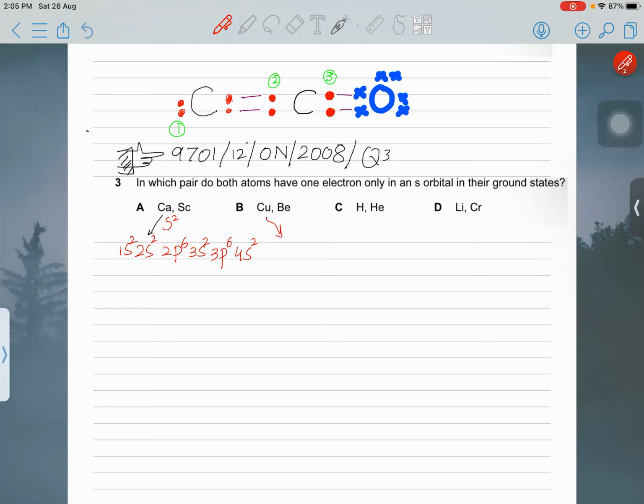The electronic configuration of calcium is 4s2.